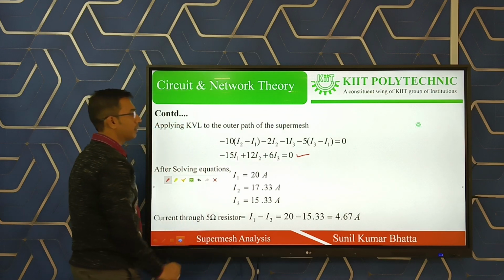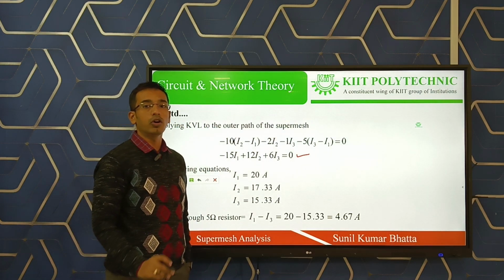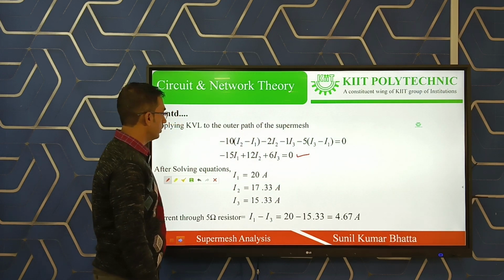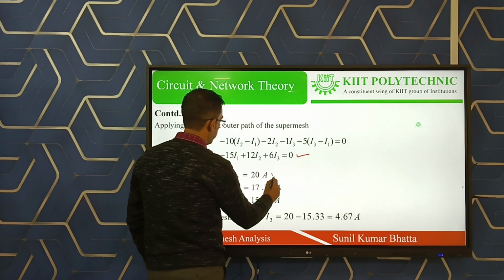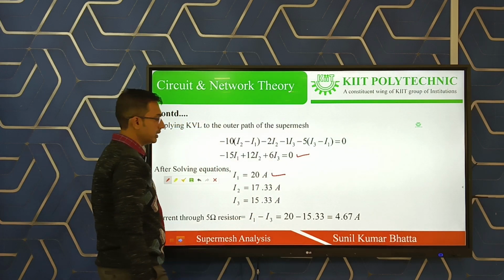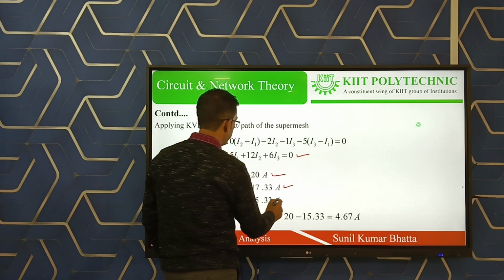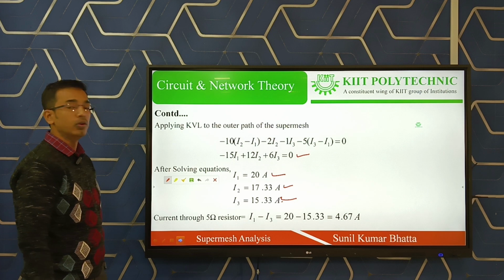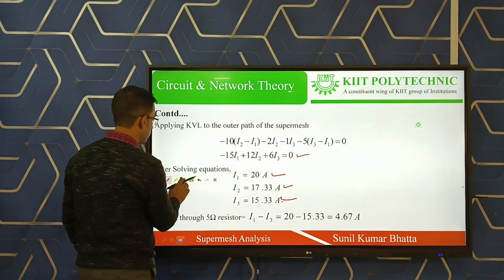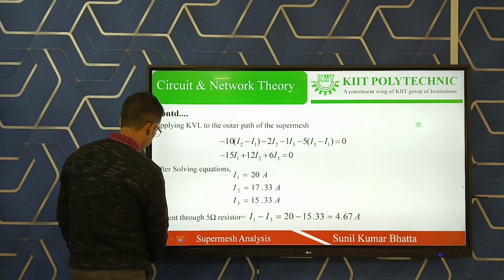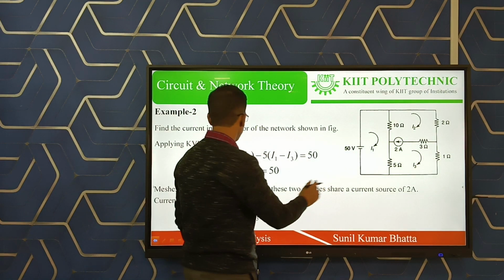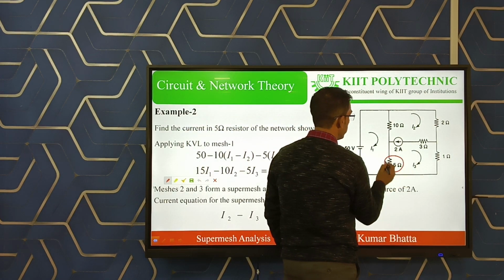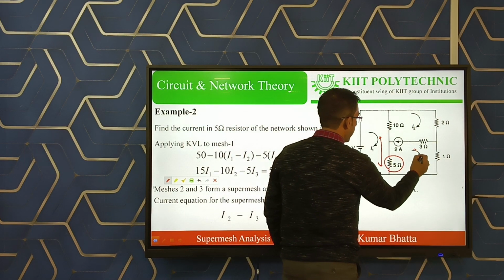After solving the three equations for the three unknown variables I1, I2 and I3, I1 is 20 ampere, I2 is 17.6 ampere, I3 is 15.33 ampere. In the question it is asked for the current through the 5 ohm resistor. In the previous slide the 5 ohm resistor is connected here. In the 5 ohm resistor, current I1 is flowing and current I3 is flowing.